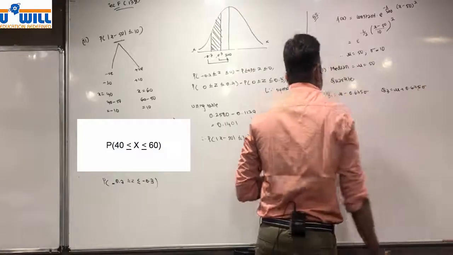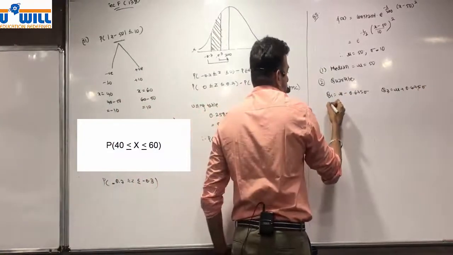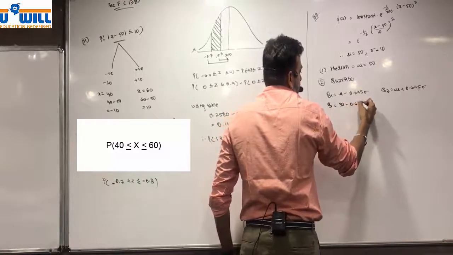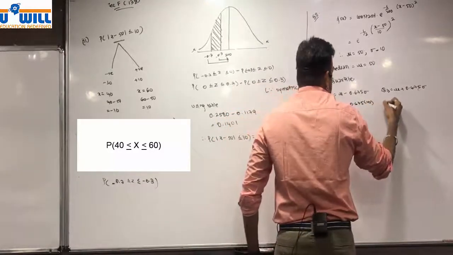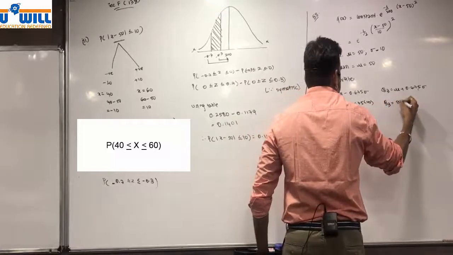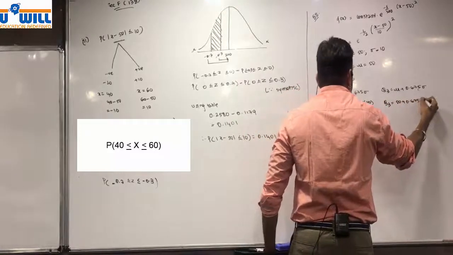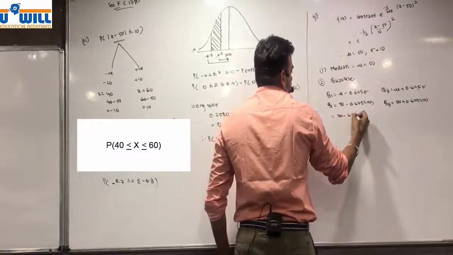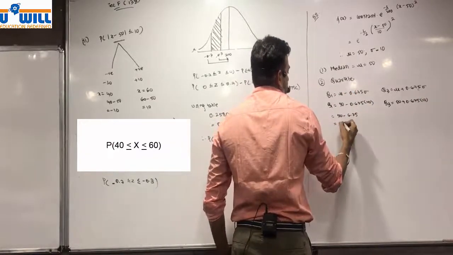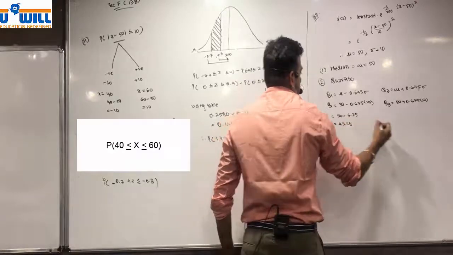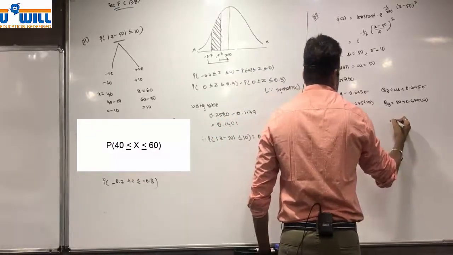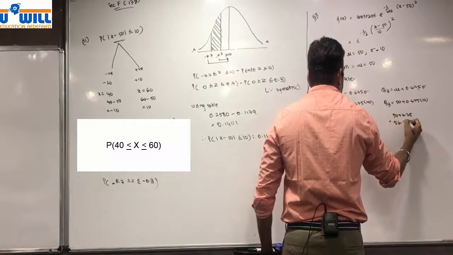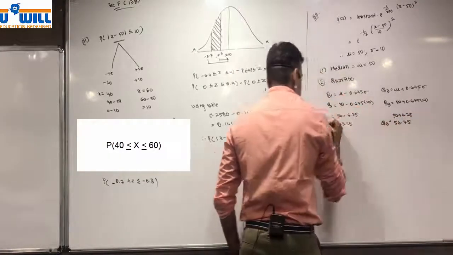So Q1 is equal to mu is 50 minus 0.675 into 10, and Q3 is equal to 50 plus 0.675 into 10. 50 minus 6.75, 43.25, and over here 50 plus 6.75 is equal to 56.75.